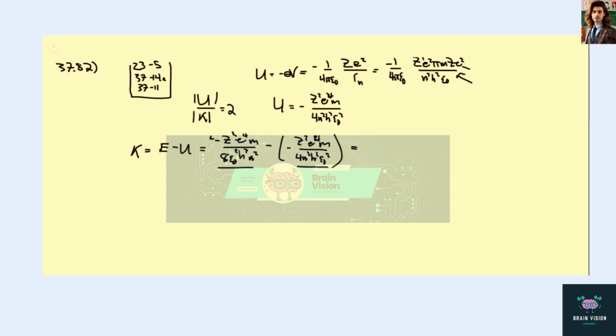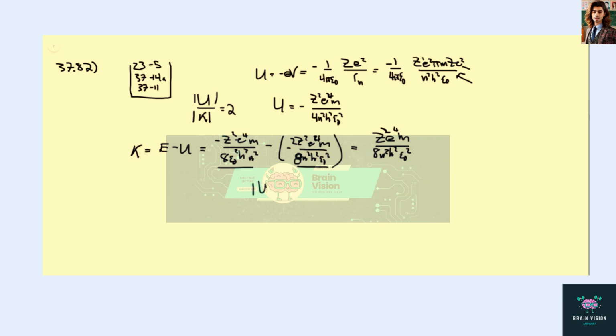If we multiply the top and bottom over here by 2, then we have Z squared e to the fourth m over 8 n squared h squared epsilon naught squared.